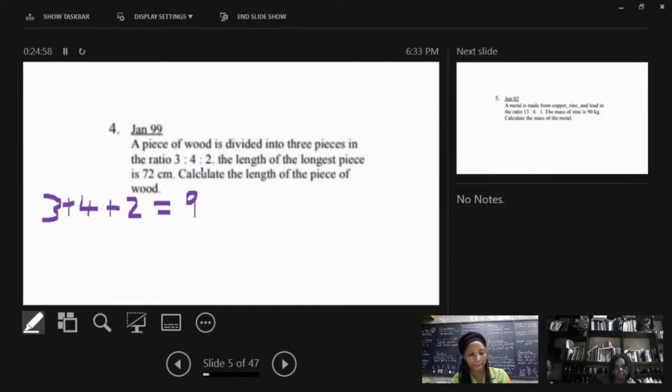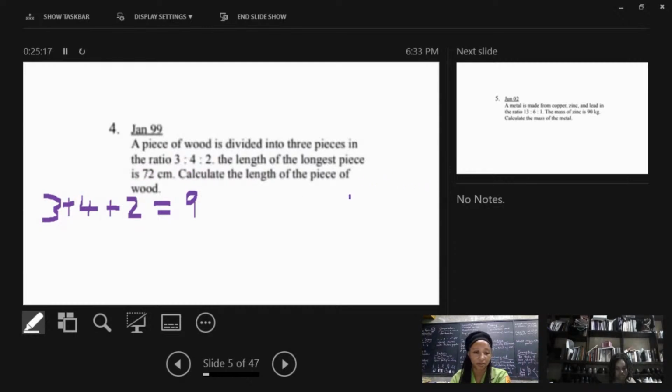They want the total length of the piece of wood. The length of the longest piece is 72, which means 4 is 72 centimeters long. So the 4 represents the 72. So what do we do then?